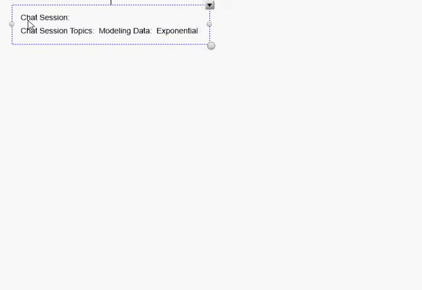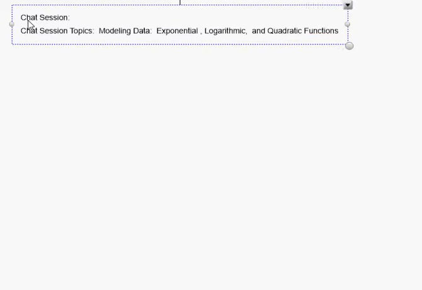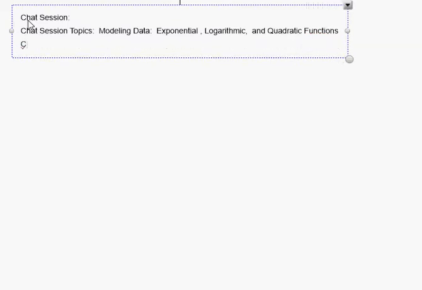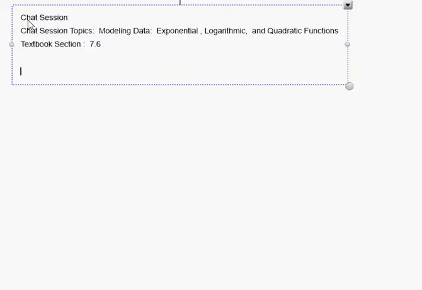The chat session topics are modeling data, exponential, logarithmic, and quadratic functions. The textbook section is 7.6, Chapter 7, Section 6.